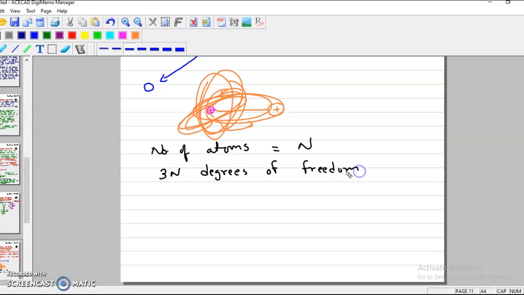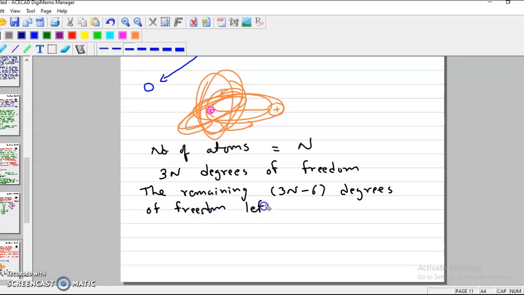Here we need 3 degrees of freedom for translational motion and 3 degrees of freedom for rotational motions. So the remaining, that is 3n minus 6 degrees of freedom, is used to explain the number of vibrations.